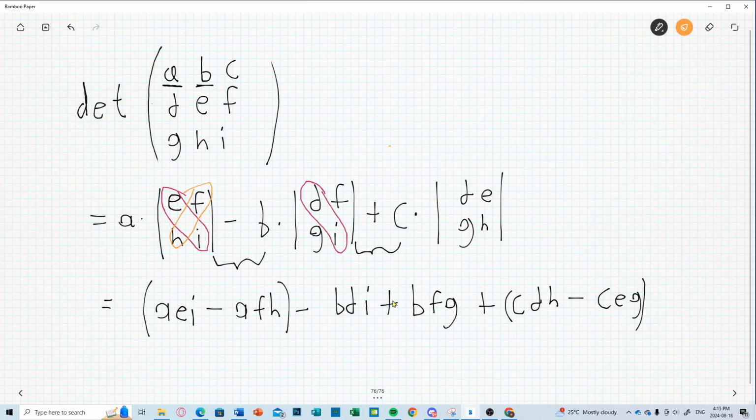And then we're going to add, because we have the negative here, B multiplied by F multiplied by G, like we have there. And following the same steps, it's plus C in brackets because it's positive, so we're going to have subtraction. C multiplied by D multiplied by H, like there. And we're going to have C multiplied by E multiplied by G, like we have there. And on the next page, we'll do an example.